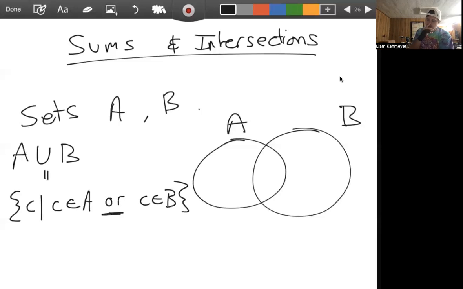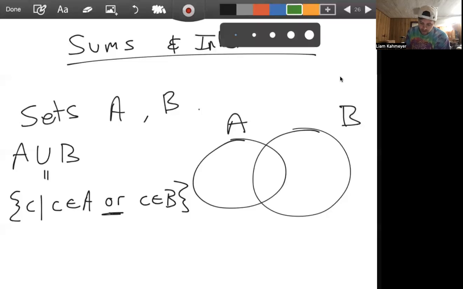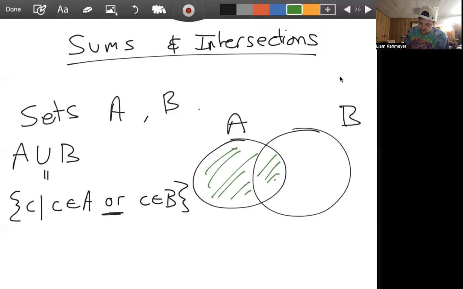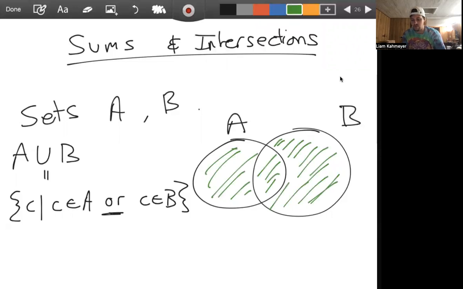You think of this or as, and what that is kind of geometrically here is the collection of all elements that are in A and in B, right? What about the intersection? This was the union.